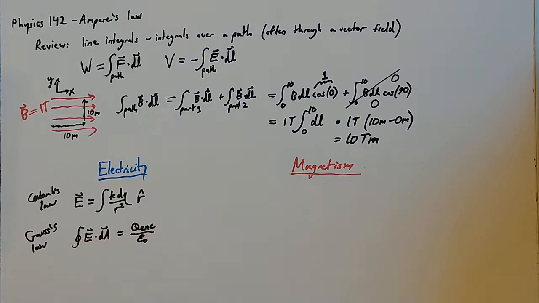I want to really make sure we can understand Gauss's law conceptually here and understand what's going on with it. The idea with Gauss's law is that this is the flux through a closed surface.